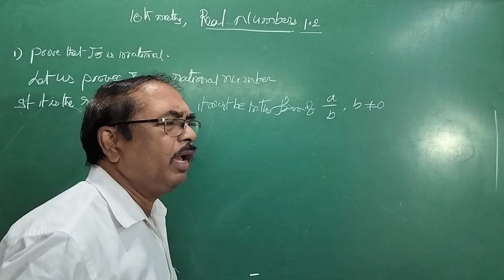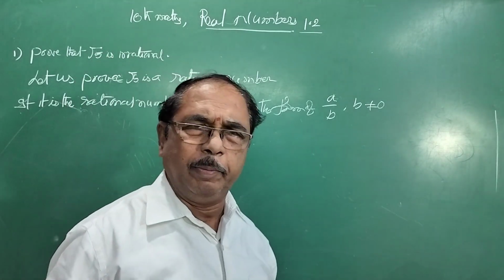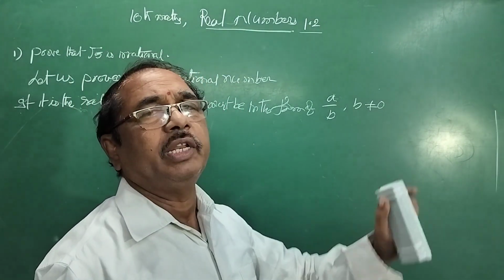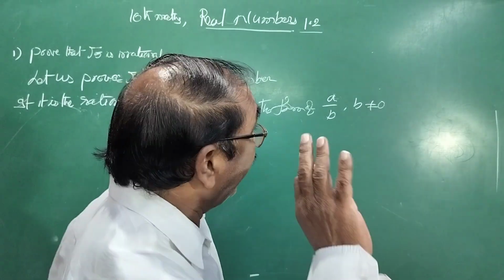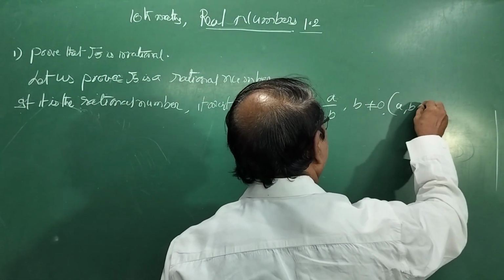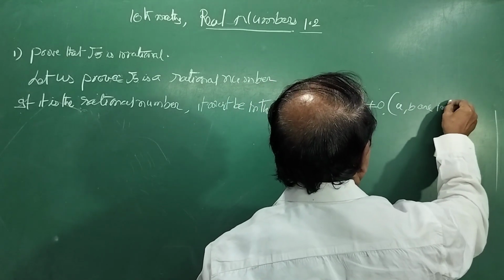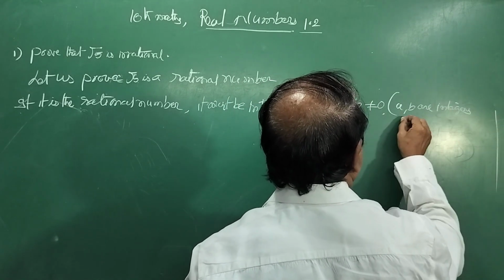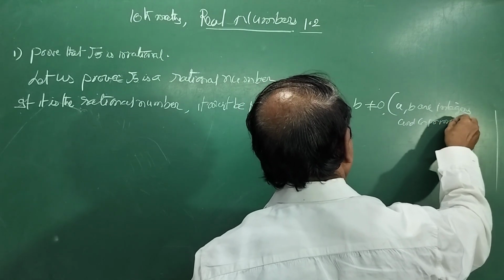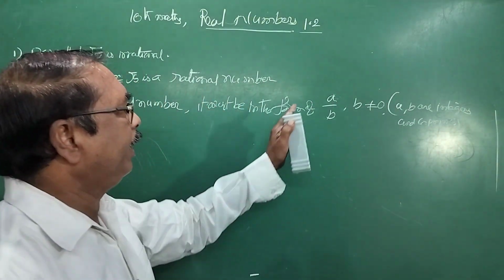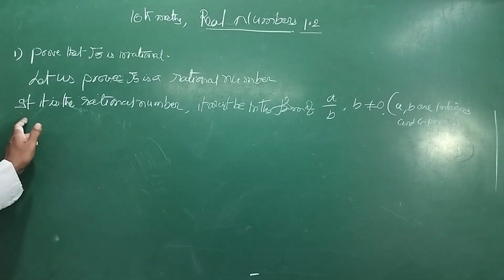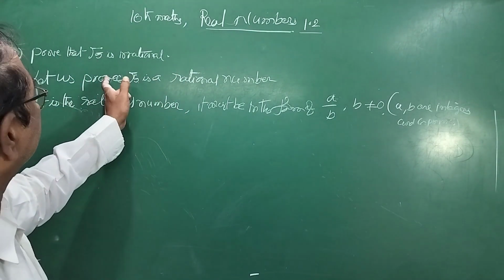You may write a by b, or c by d, or p by q, whatever you write, but the denominator should not equal 0. And what more? a and b are integers and co-primes. Co-primes I already told you. Like that, if it is a rational number, it must be like this.